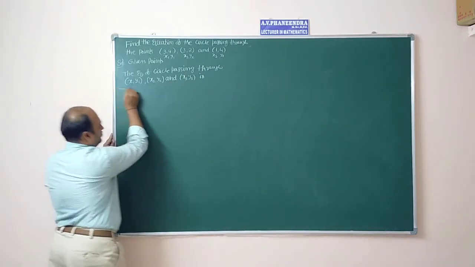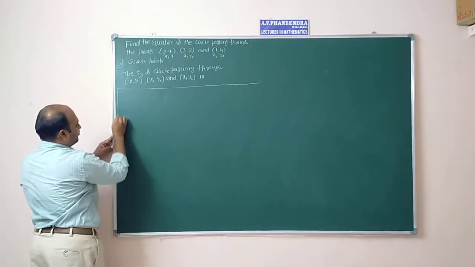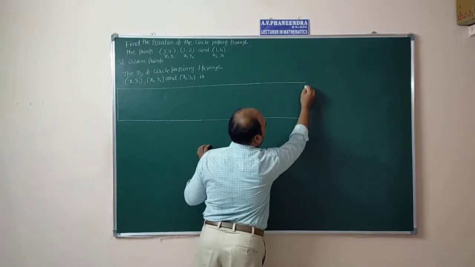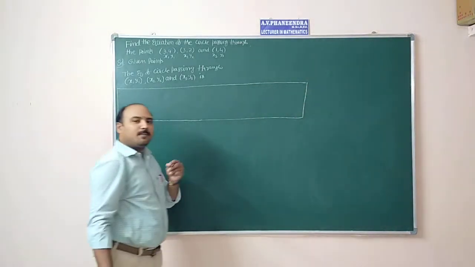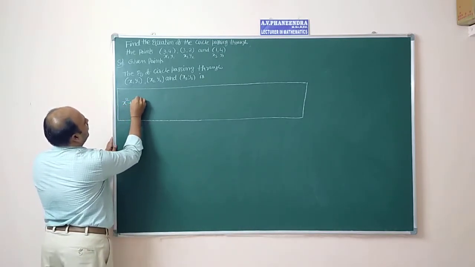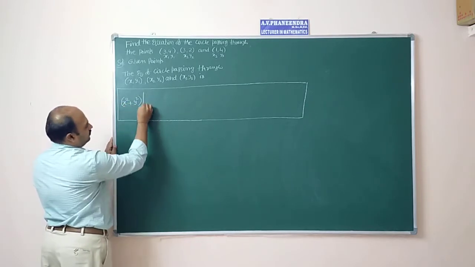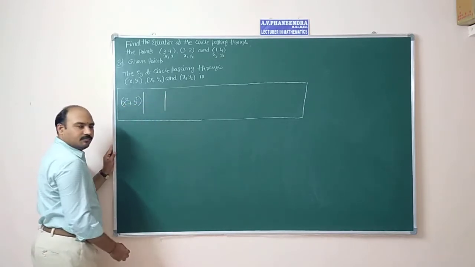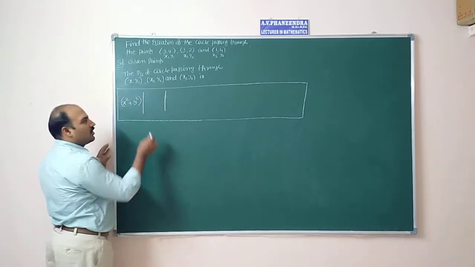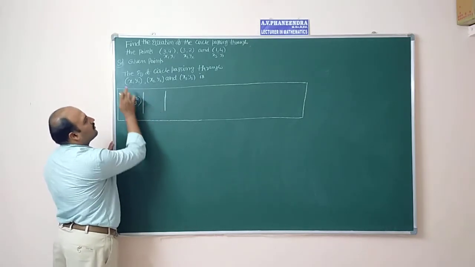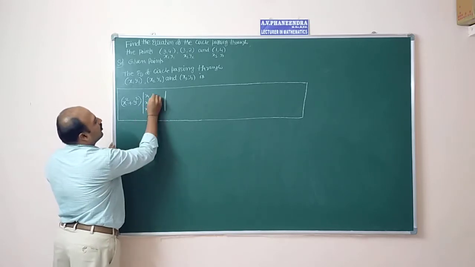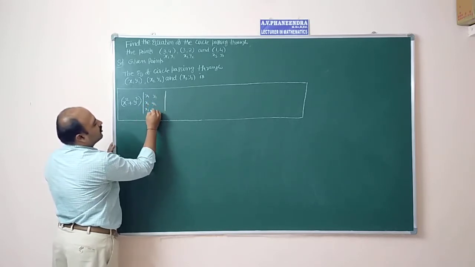You remember this model. It will help in competitive exams, this formula. x square plus y square, and a 3 by 3 determinant you have to write. In these, 3 rows and 3 columns are there. In the first column, the x coordinates of the points x1, x2, x3, and y1, y2, y3 in the second column.